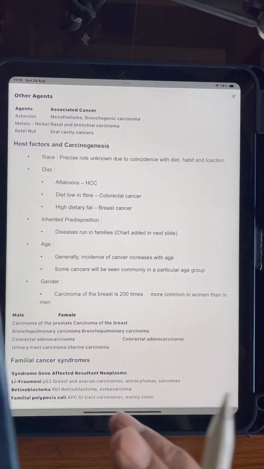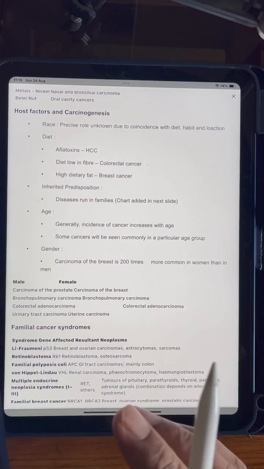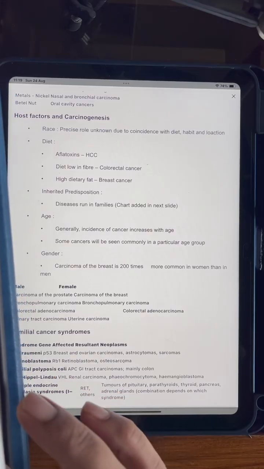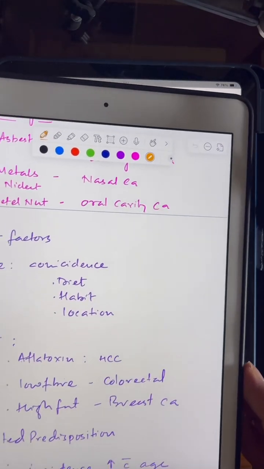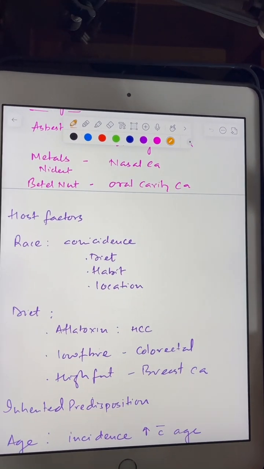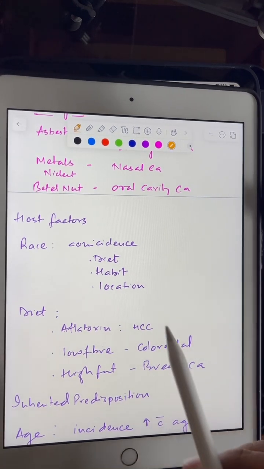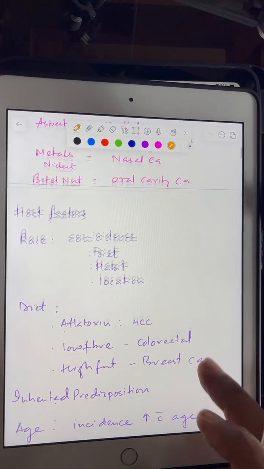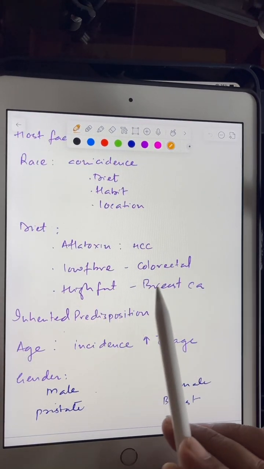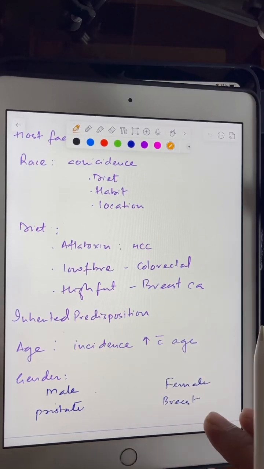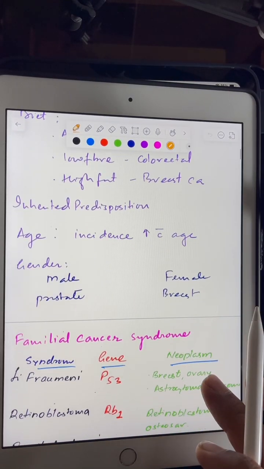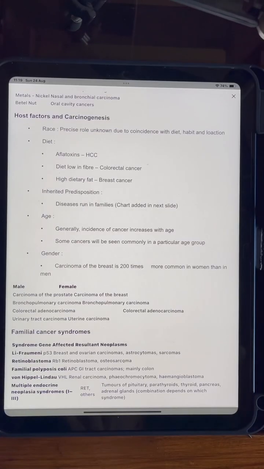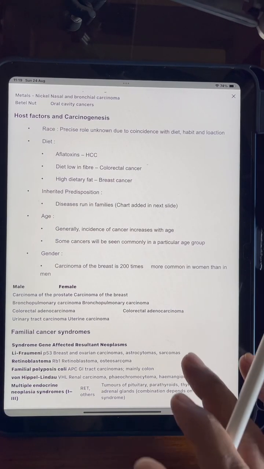Now what are the host factors? The host factors are race, incidence, diet, habit, location. For diet: aflatoxin-containing food causes hepatocellular carcinoma, low fiber diet causes colorectal carcinoma, high fat diet causes breast carcinoma. Then inherited predisposition. Some people have common inherited predisposition that runs in families.